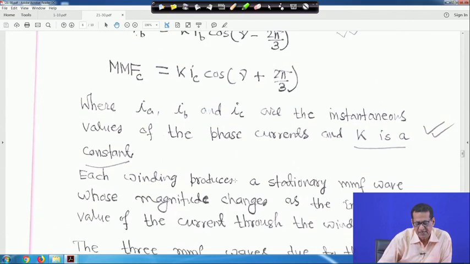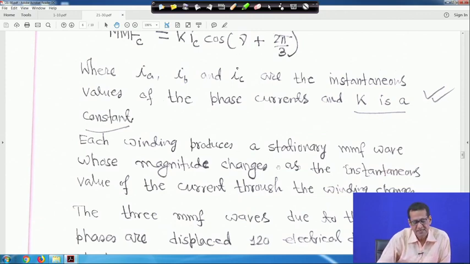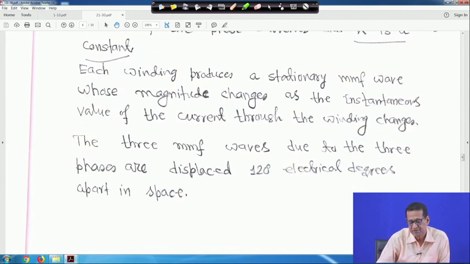Now each winding produces a stationary MMF wave whose magnitude changes as the instantaneous value of the current through the winding changes, right? The three MMF waves due to the three phases are displaced 120 electrical degrees apart in space. That we know, because from three phase studies we have studied, so you know all this, right?